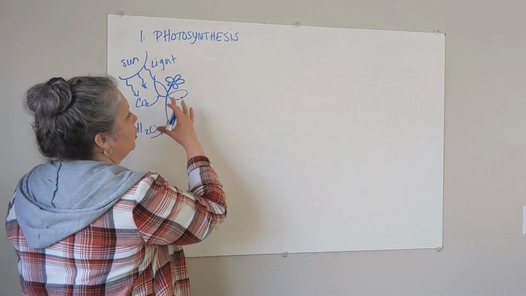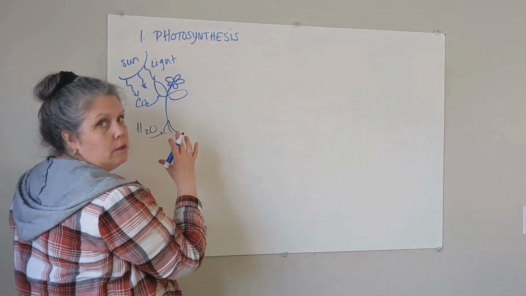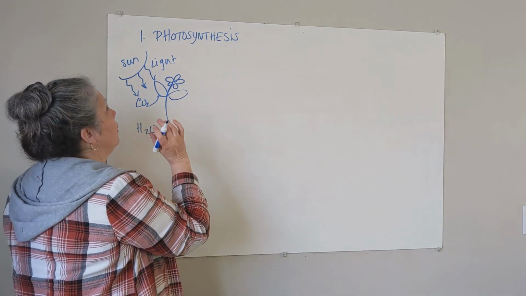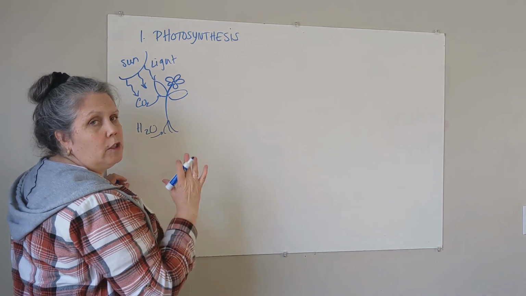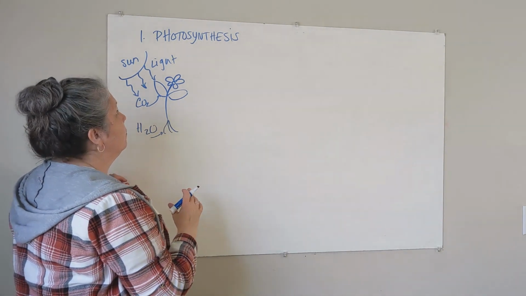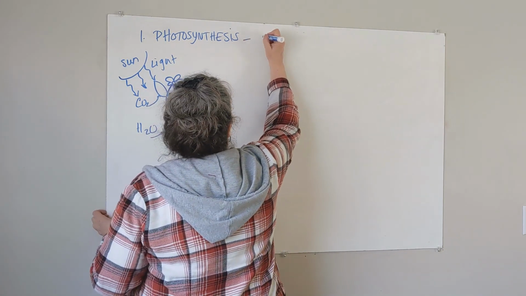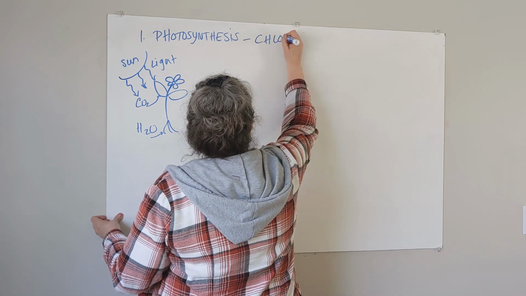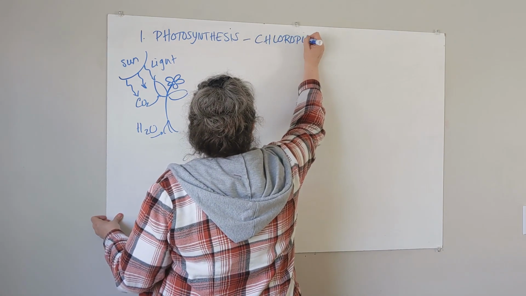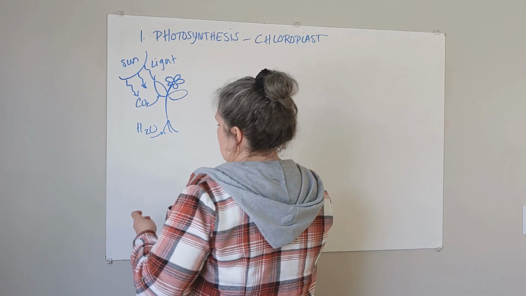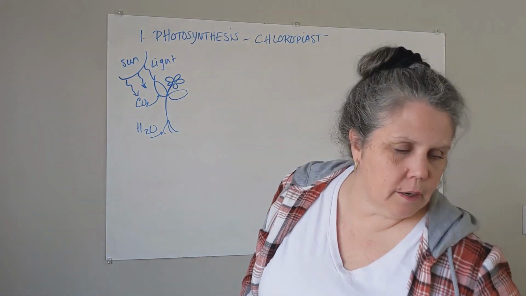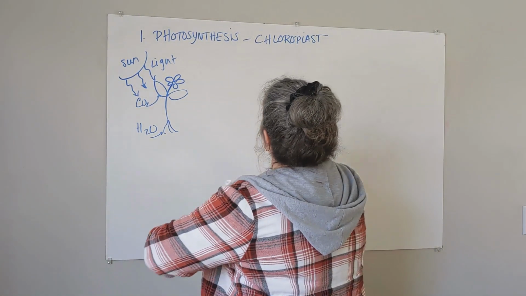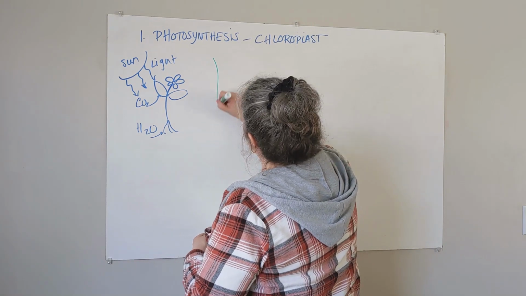What we're going to do is take a look at what's going on inside of those plant cells and where photosynthesis actually occurs inside of a plant cell. Photosynthesis occurs in the organelle we call a chloroplast. And let's go ahead and make it green. So here's a plant cell.